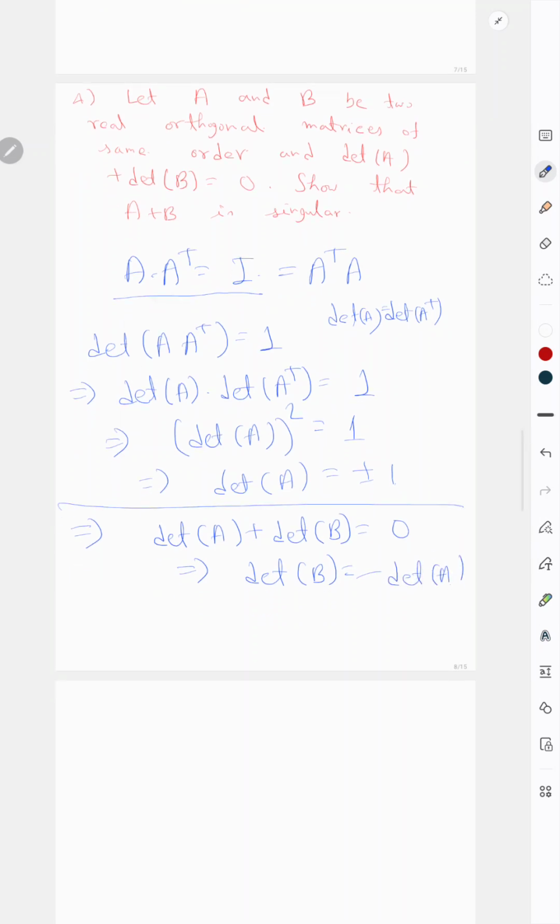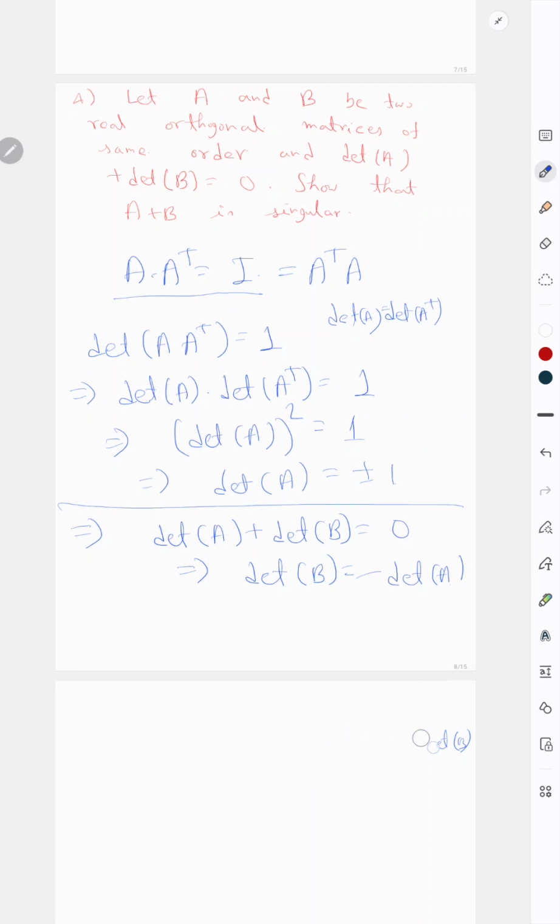Actually you see, it is not that A plus B is singular, that means your determinant of A plus B is det A plus det B. This is not valid, don't mistake. Determinant does not have this type of property. Yes, for multiplication it holds: determinant of AB equals det A into det B. That is fine, but this does not hold. So basically you have to show A plus B is singular.